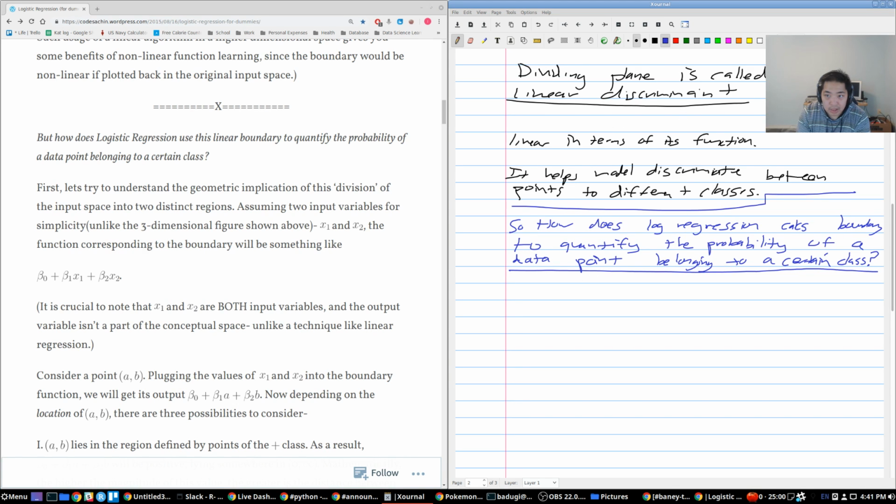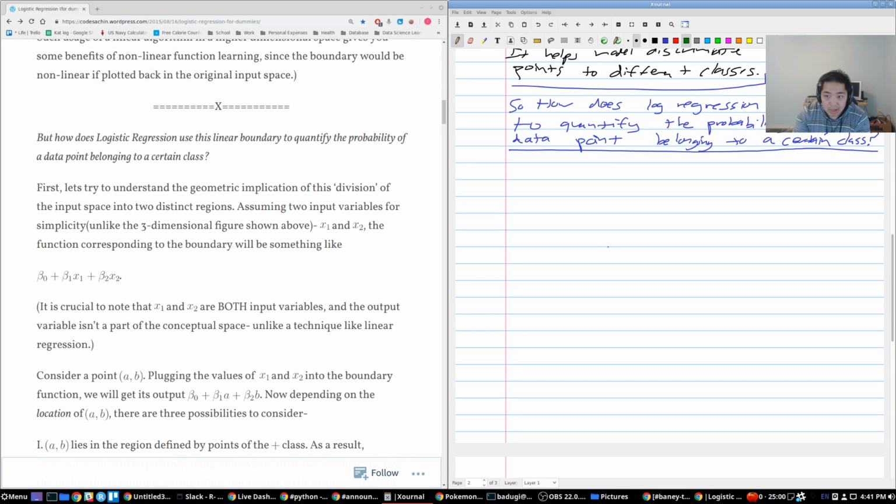Okay, so this is where I really need to figure this out. How does logistic regression calculate the boundary to quantify the probability of a data point belonging to a certain class? If we have two input variables, let's say HP and attack percentage using the Pokemon, as well as the coefficients.